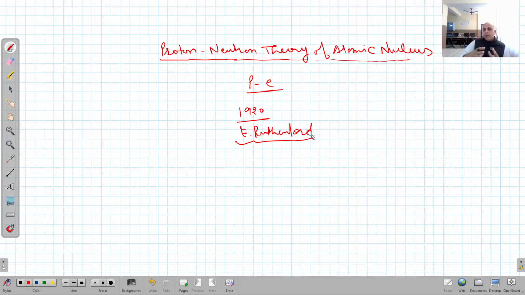Although at that time Rutherford was not able to fully predict the existence of the neutron, he was speculating that a free electron cannot exist inside the nucleus, because there were a lot of objections we have seen in the earlier lecture. So he said that the electron is bonded to the proton and there is a new state, the bond state, that exists inside the nucleus, and that state is fully neutral.